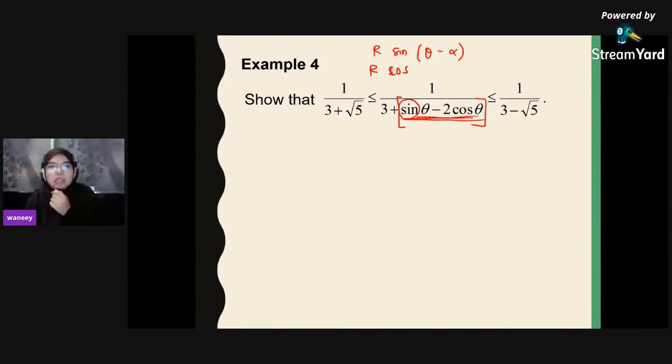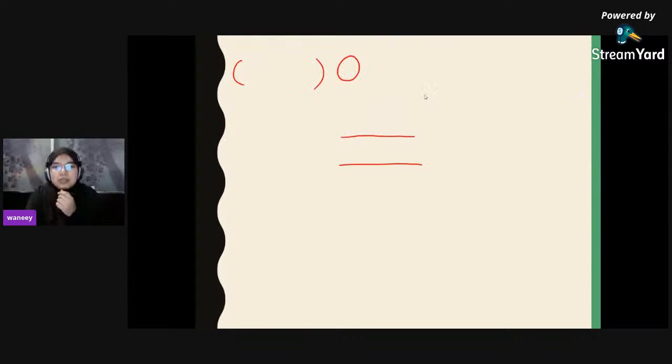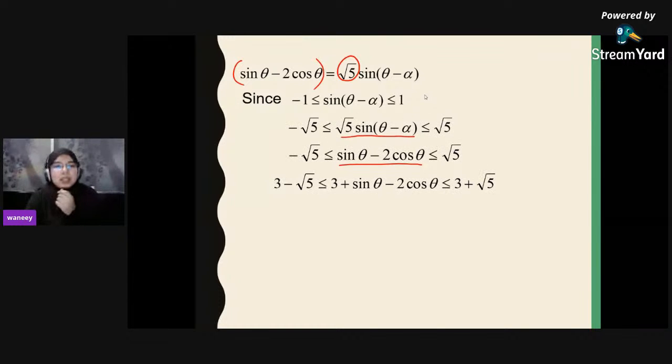So what do we need to do next? We actually need to have a 3. So we add 3 on both sides, and then we simply need to take the reciprocal of them. So now adding 3: add 3 on the left hand side, the right hand side, and right in the middle as well. Add 3 to everything.